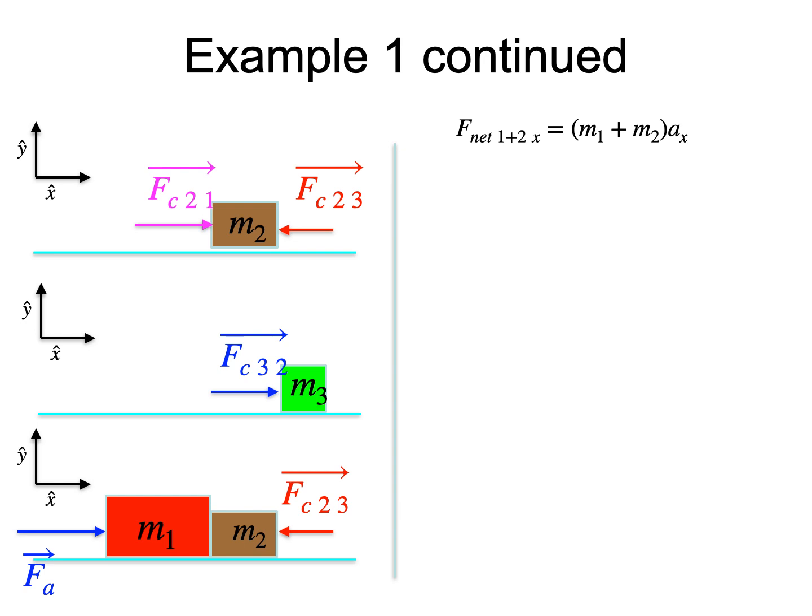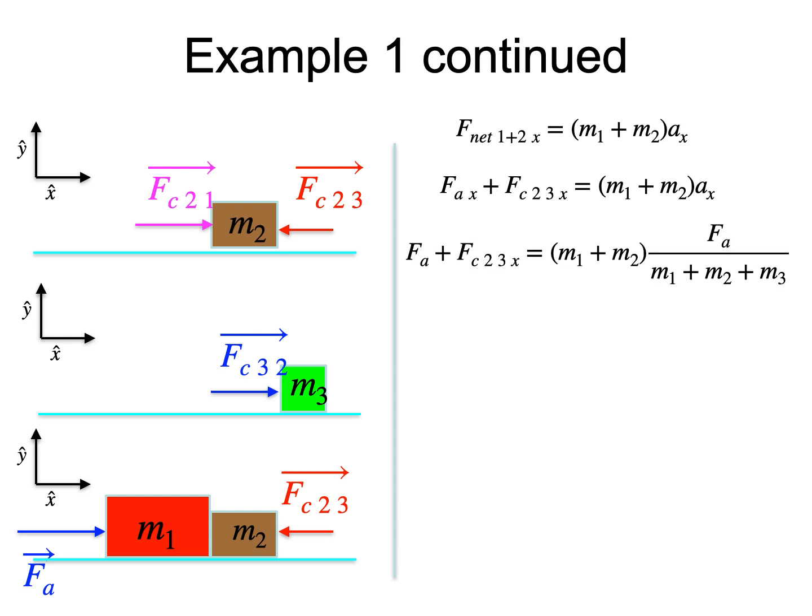Replacing the x component of the net force with the sum of the x components of the forces present gives us this. The x component of the applied force is the magnitude of the applied force, and we also can use the previous result for the x component of the acceleration.